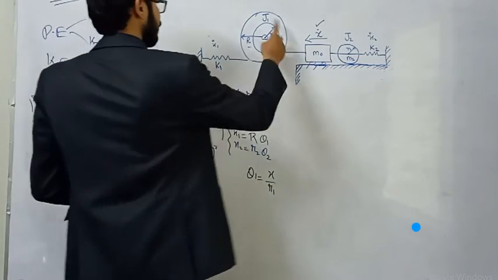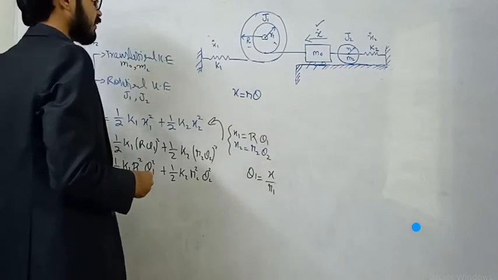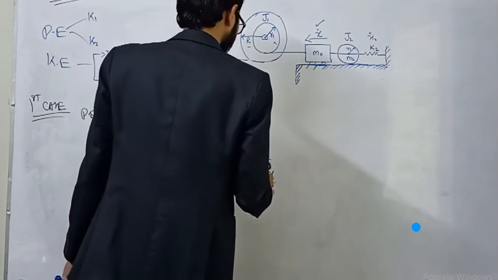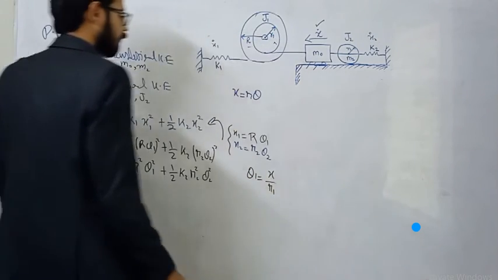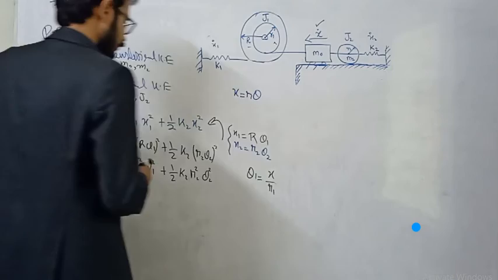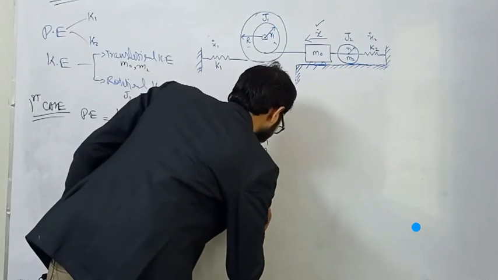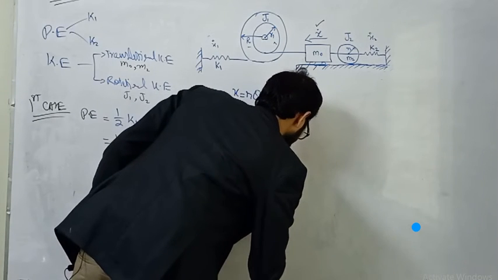Why this velocity or displacement was changing, both of them were changing just because of the radius of the disk. So we have included the relation for the radius. In this way we can equate the system for the same velocity. So using this relation for theta 1, what will be for theta 2? For theta 2 we will have x over r2.